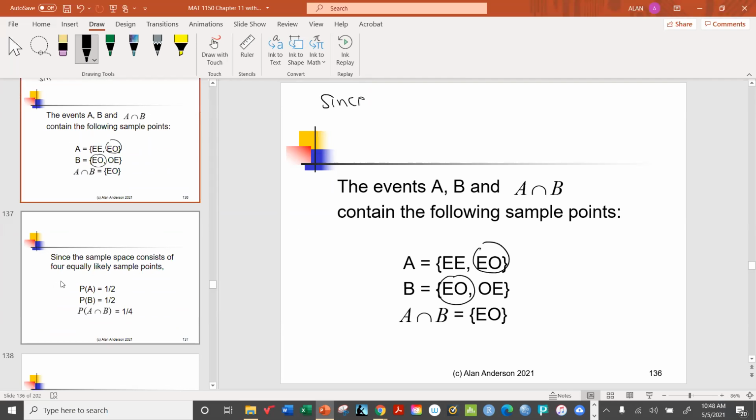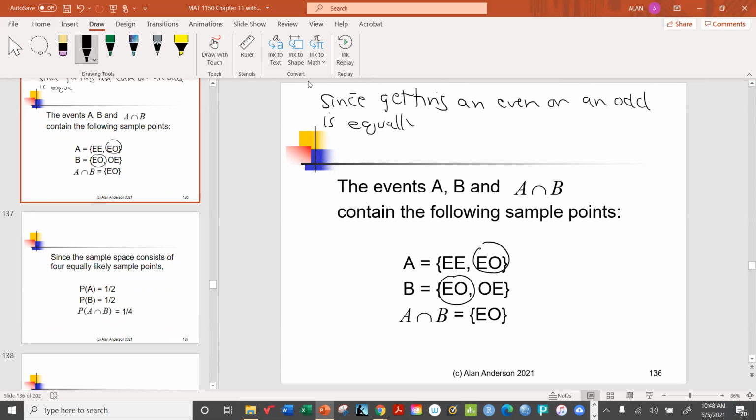Since getting an even and an odd are equally likely, that implies that each element in our sample space is also equally likely.